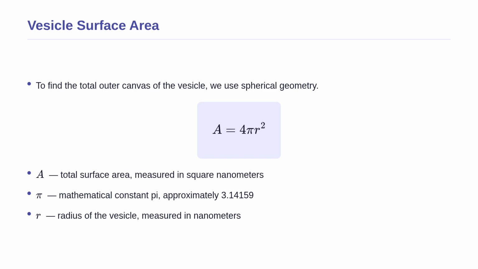The symbol pi is the mathematical constant, and r represents the radius of the vesicle, which is the distance from its center to the outer lipid membrane. Notice that the radius is squared. This means that as the radius increases even slightly, the surface area increases exponentially. A larger vesicle will require a significantly larger number of coat proteins to fully enclose it.